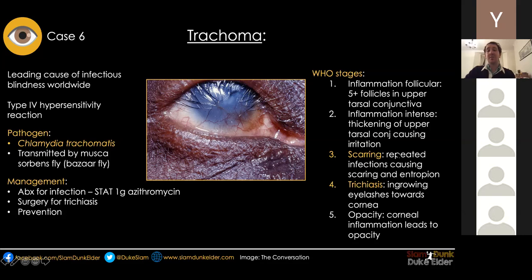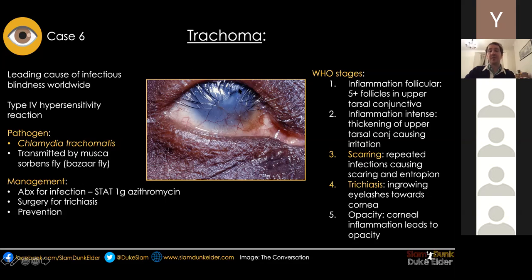So trichiasis is where your eyelashes are ingrowing, and they can irritate the cornea, and that leads to opacity and inflammation in the cornea. In terms of management, it's split.